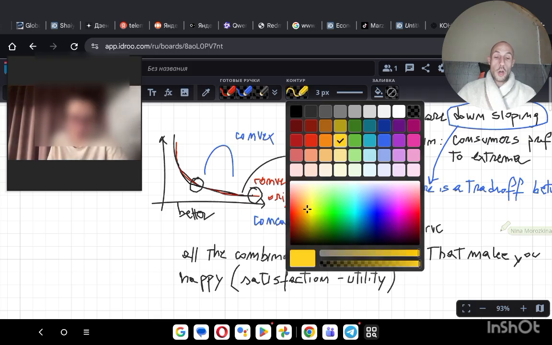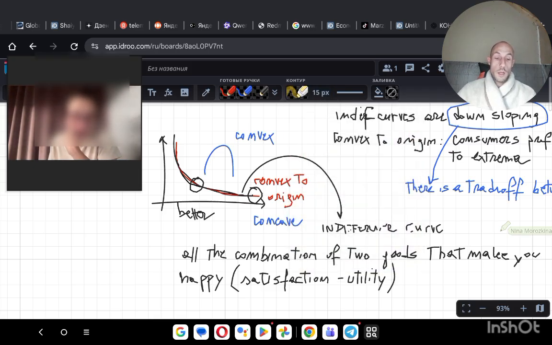Or vice versa. A lot of clothing but little food. And this combination makes you as happy.